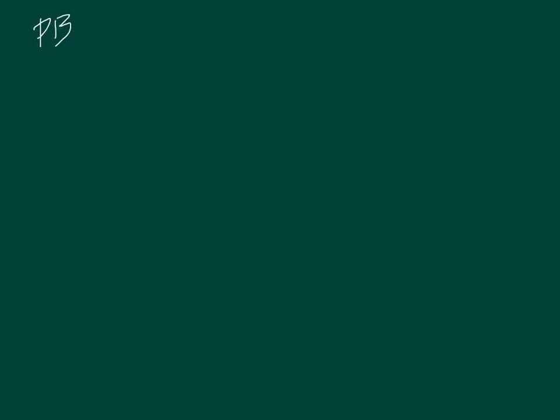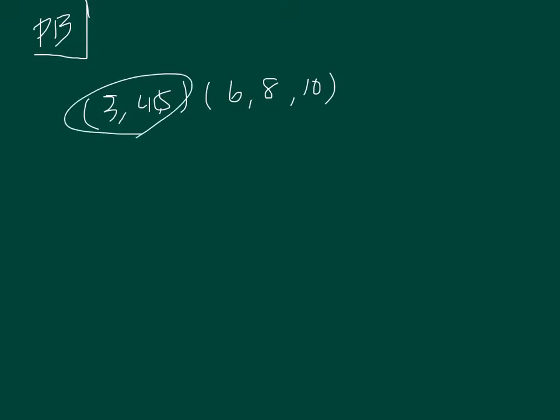Problem 13. Which of the following does not belong to the same family of Pythagorean triples? At this point, I hope you understand why we call it a family of Pythagorean triples. Pythagorean triples are 3 numbers that satisfy the Pythagorean theorem, but inside of those triples there are families, and there are reasons that we call them families. For example, 3, 4, 5 is a Pythagorean triple, and 6, 8, 10 is another Pythagorean triple that belongs to the 3, 4, 5 family.